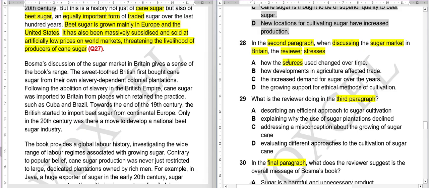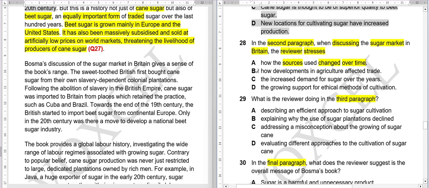So has the reviewer focused on the change of sources over time, like 100 years ago we were sourcing it from place A, but now we're sourcing it from place B, or from where we are cultivating? Have the sources changed or not? Is this particular thing being emphasized?